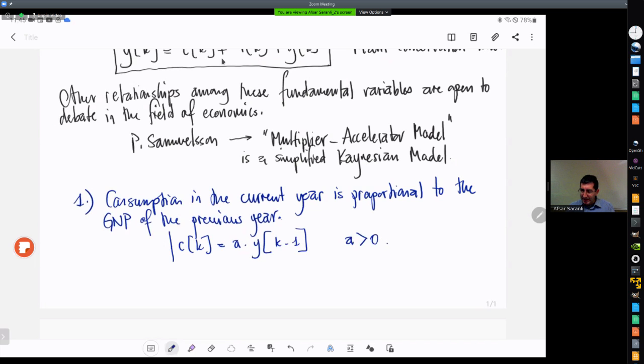So that is another equation. Note that this is a difference equation, so it corresponds to a differential equation in continuous time. c of k is equal to a times y of k minus 1.